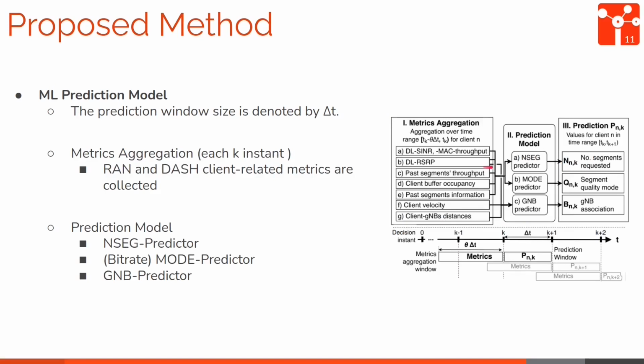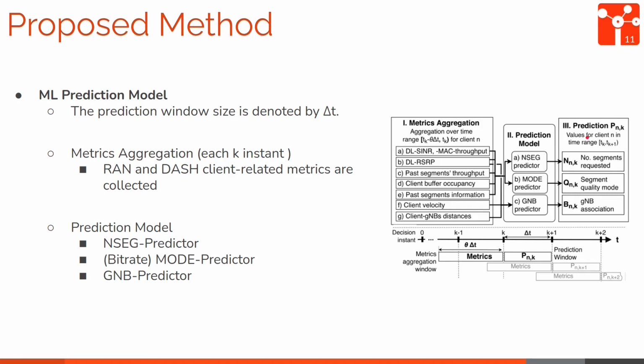This is the scenario of the prediction algorithm with both input and output, where the prediction window size is denoted by delta t. Here this is the prediction window size delta t, and this line means the decision instant.